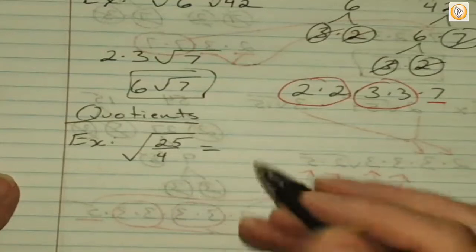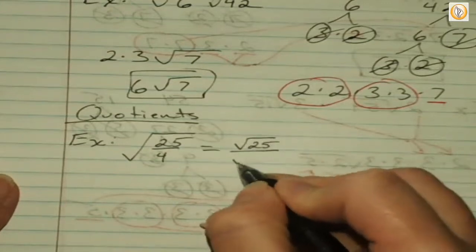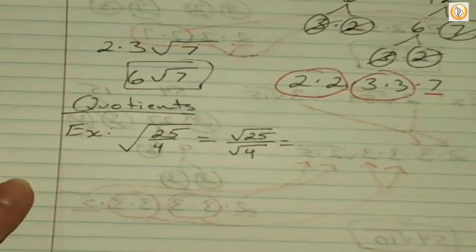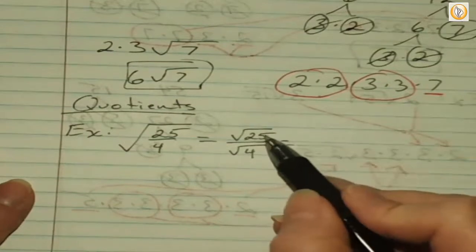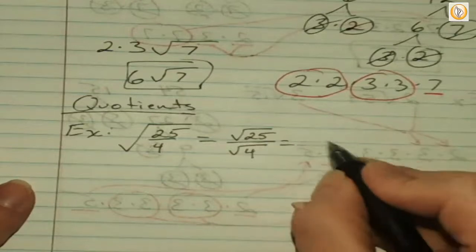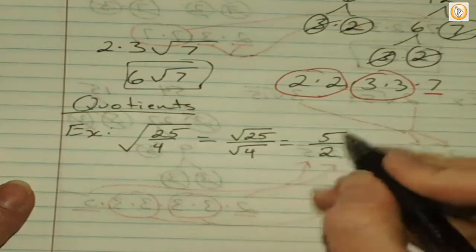No. So, I'm going to go ahead and separate it into 2 radicals. Now, is this a perfect square? Yes. What's the square root of 25? What's the square root of 4? 2. And there's your answer.